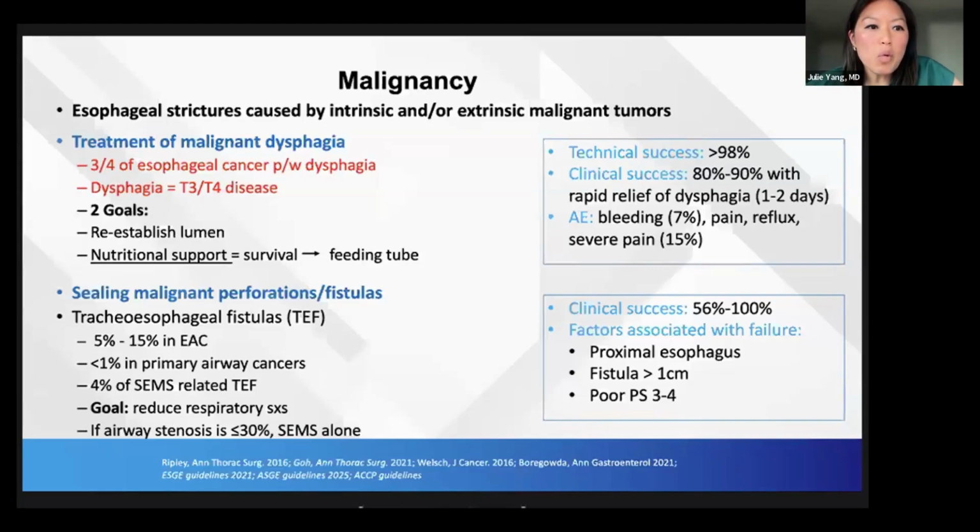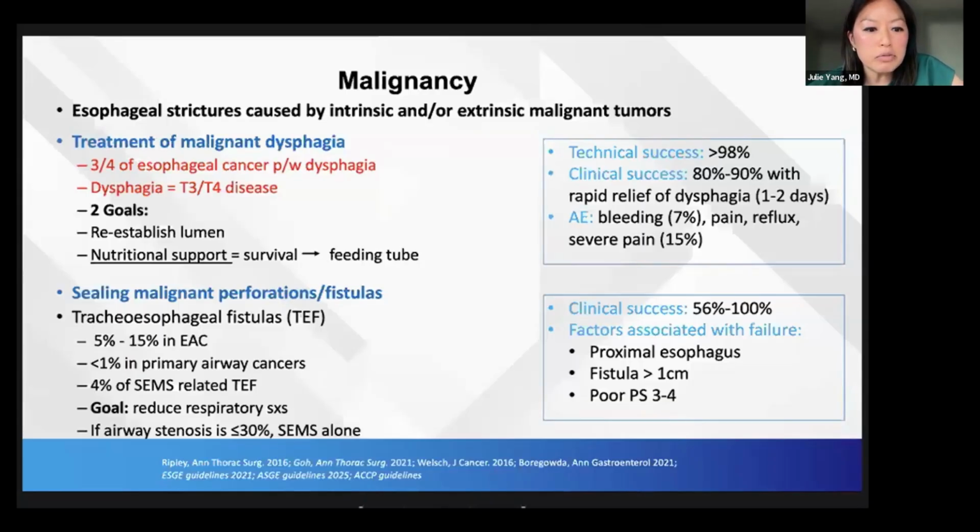And so when they come to you, you have two goals in mind. One, obviously reestablishing some sort of lumen so that they can reintroduce oral intake, or your other major issue, which is nutritional support, because survival has been seen to parallel nutritional support.